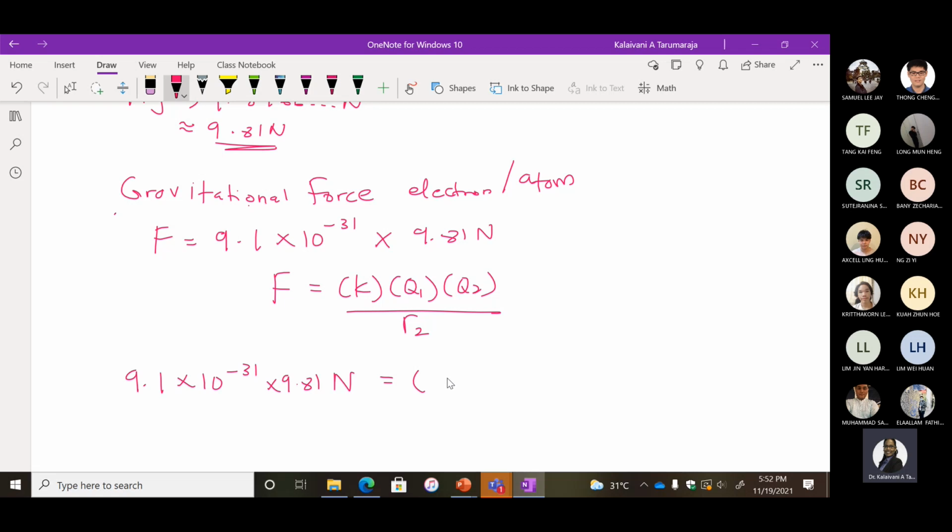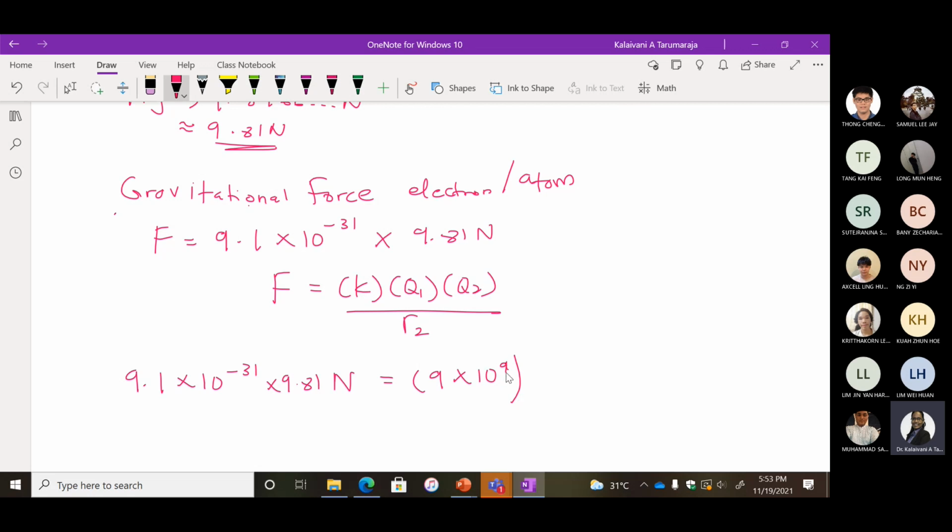Anyone? 9.0 times 10 to the power of 9. Yes, exactly. This is the constant value. You need to remember the K value. You must remember it. It's not A, it's a 9.